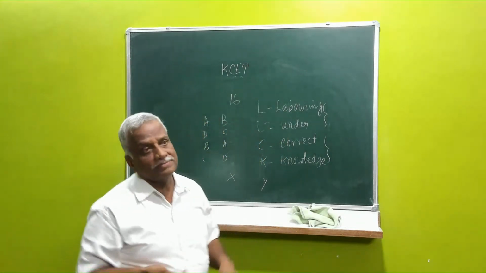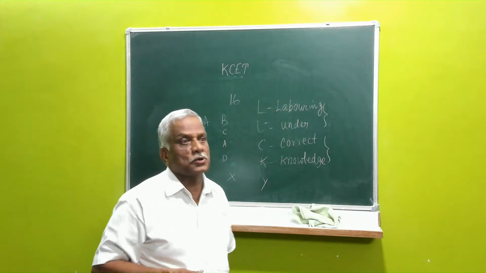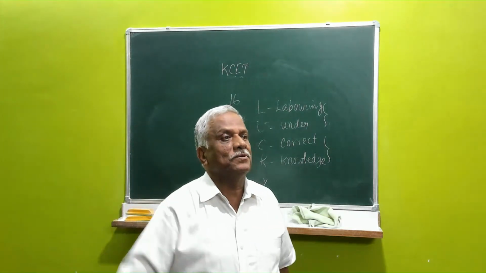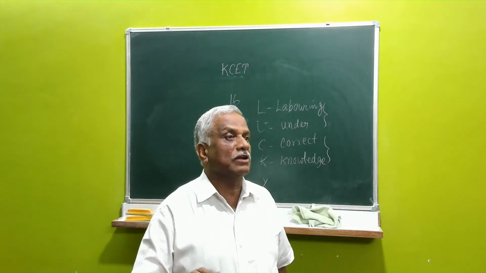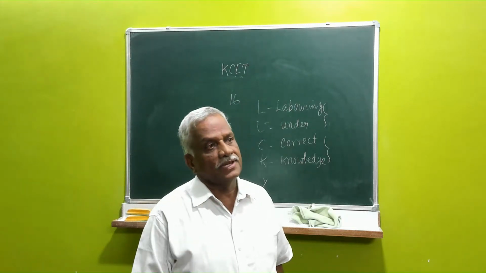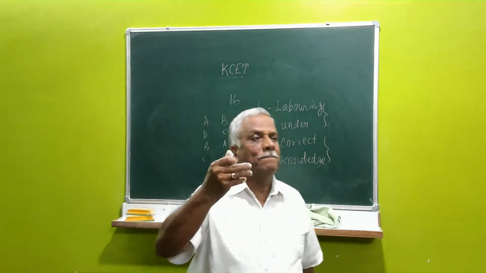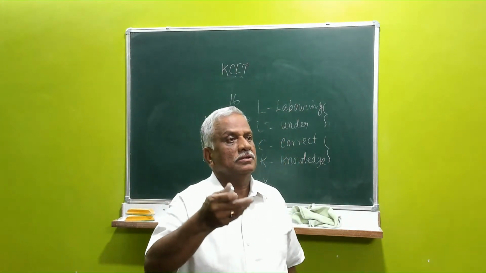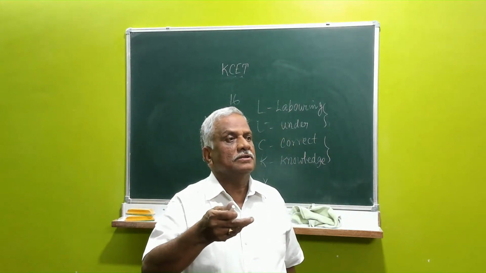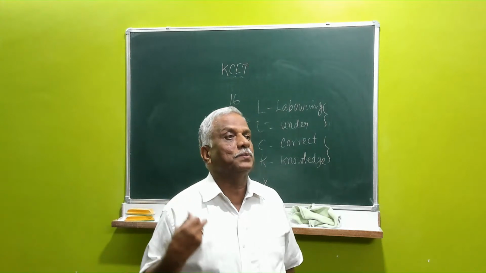Before I wind up, I just want to brief again what I suggested. I suggested about 3 rounds of answering. I suggested about the 3 types of questions: known or knowledge, known difficult, unknown.